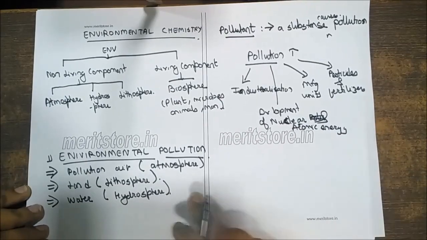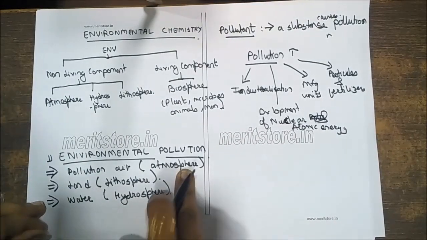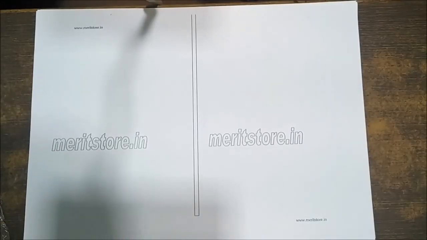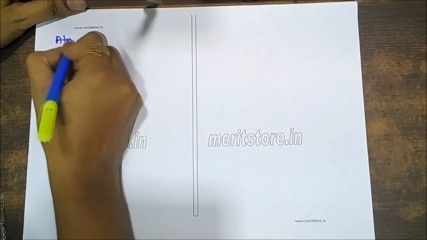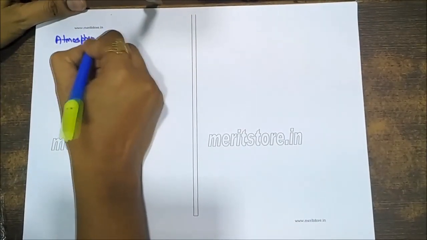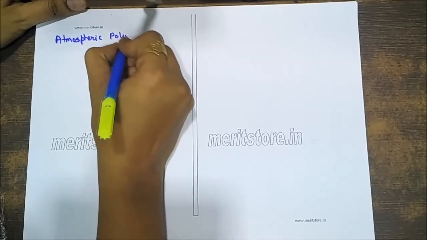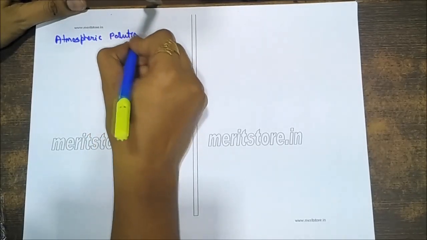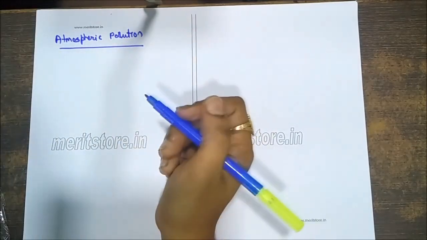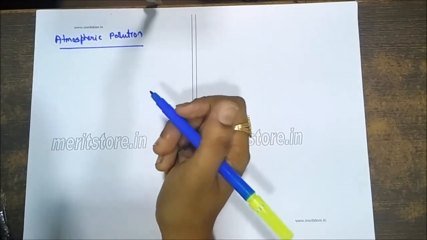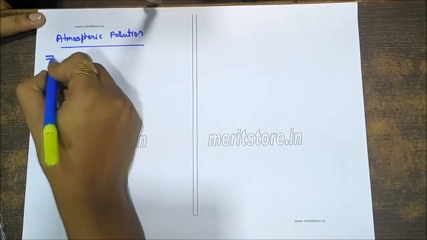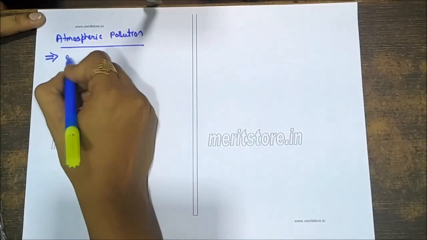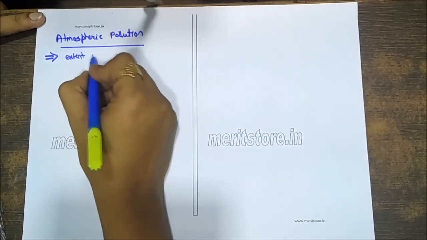Now let's study the first pollution, which is atmospheric pollution. First we're going to study what is atmospheric pollution. Now what is atmosphere? Atmosphere is the region of air which is present above the earth's surface, and this atmosphere extends up to a height of 500 kilometers.